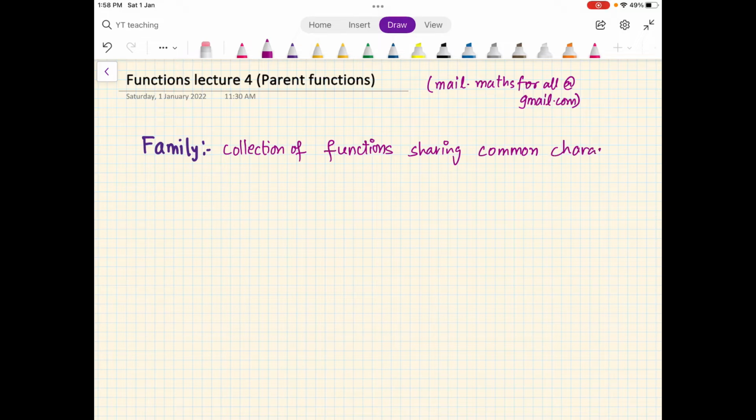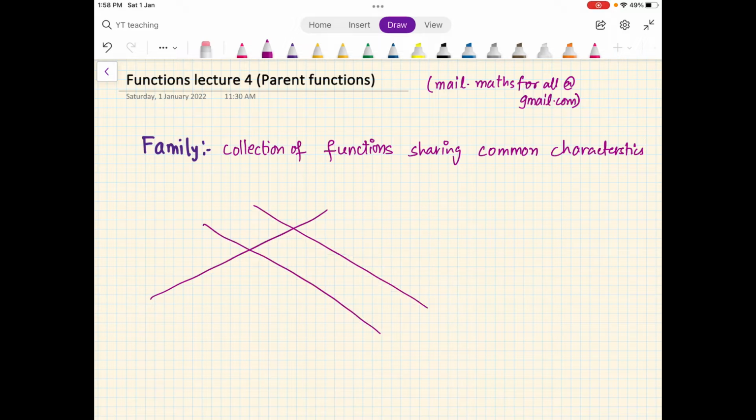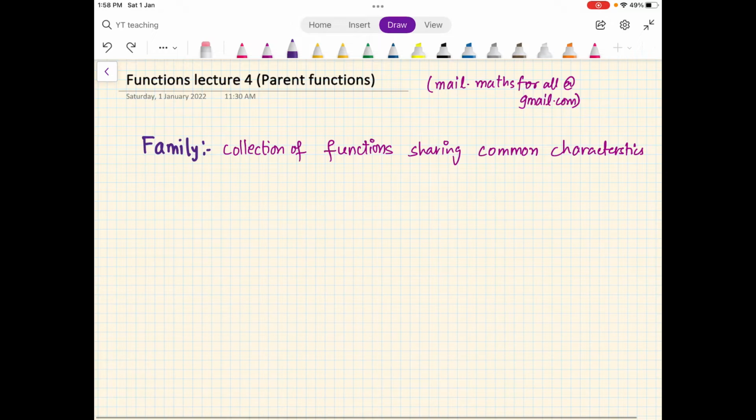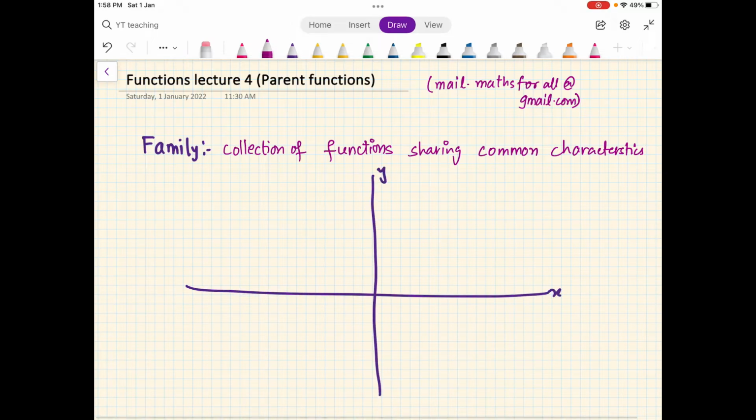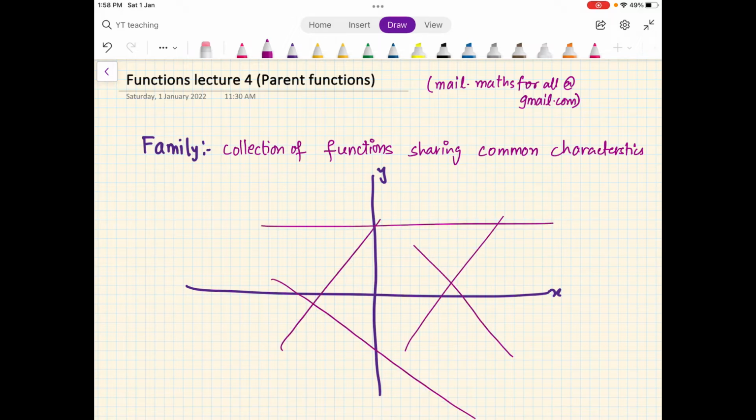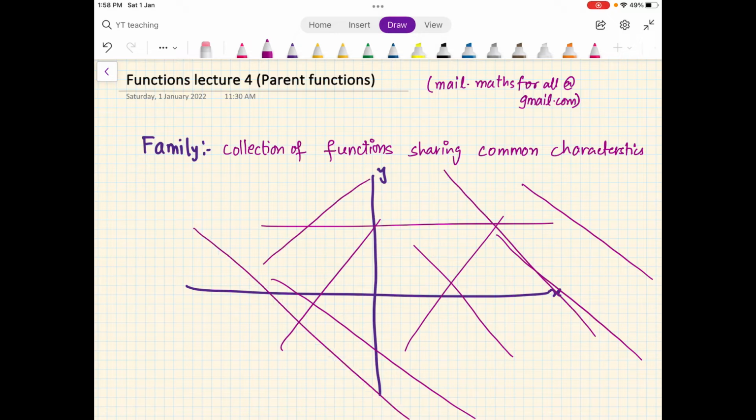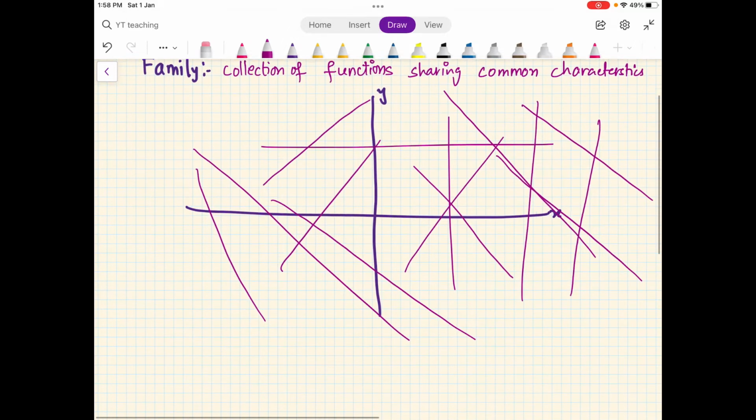So I mean that, for example, let us just make axes first. So suppose you have x-axis here and y-axis here, and suppose I have all the straight lines. Because they are all straight lines, they are not curves, all the members have a common characteristic, that is they are all straight lines.